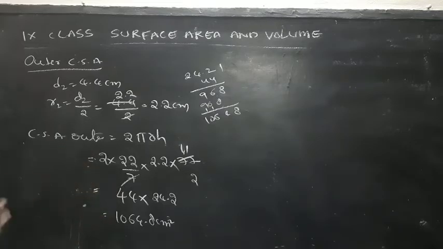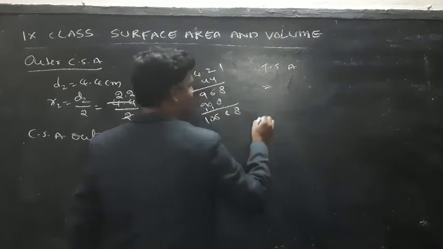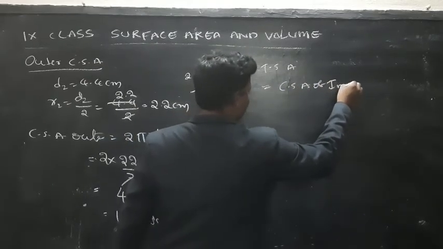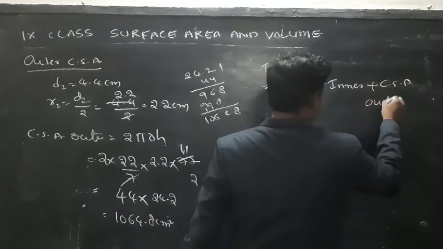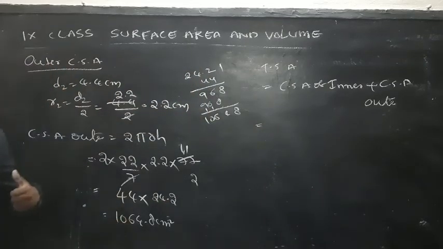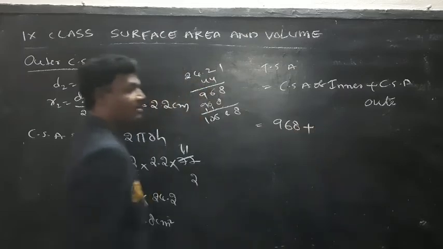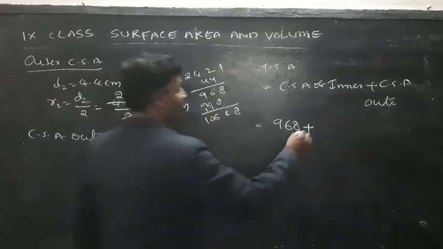So the area of the outer curved surface is 1064.8 centimeters square. Next I need total surface area, which is equal to curved surface area of the inner cylinder plus curved surface area of the outer cylinder. The curved surface area of the inner cylinder is 968, plus the curved surface area of the outer cylinder, 1064.8.